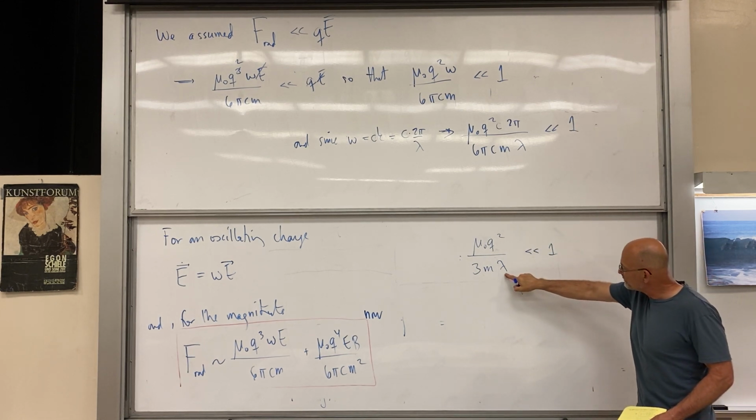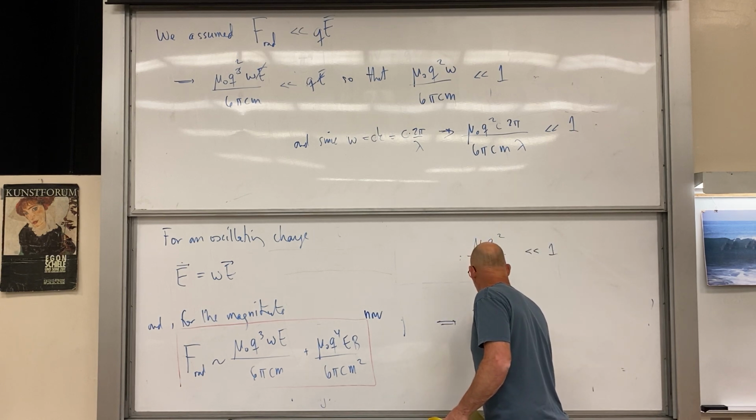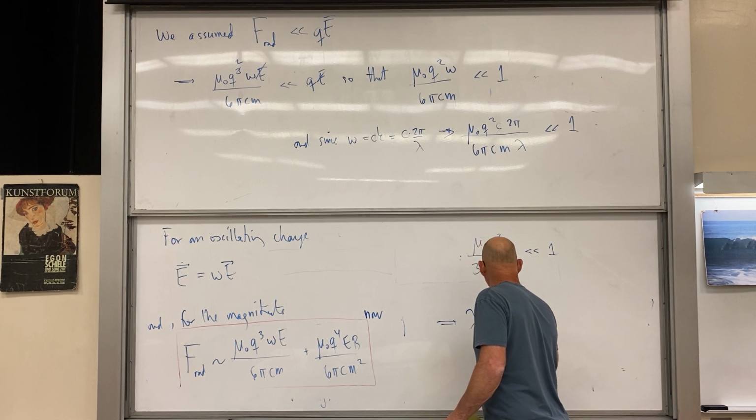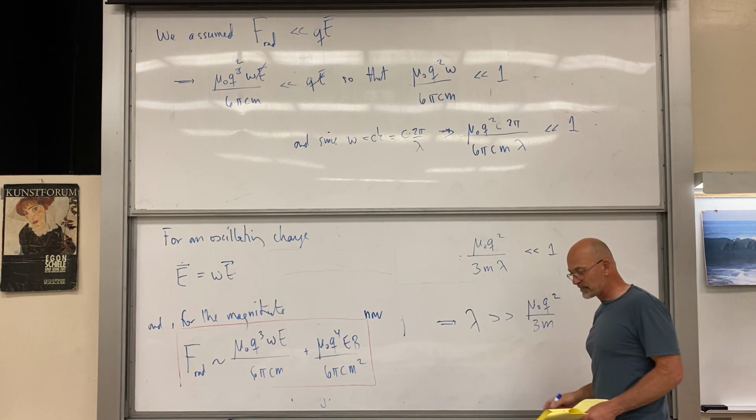So there's a wavelength that has to be much greater than this, mu naught q squared over 3m.